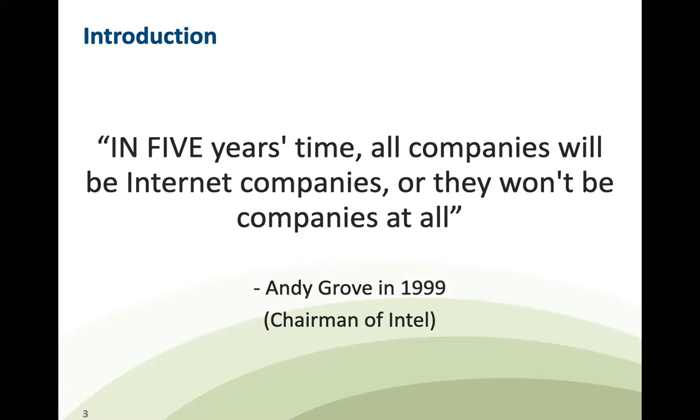In 1999, Andy Grove, who was the chairman of Intel, stated that in 5 years' time, all companies will be internet companies, so they won't be companies at all. 1999 plus 5 means around 2004. You can see that since 2000 onwards, the majority of companies are going for e-businesses nowadays.